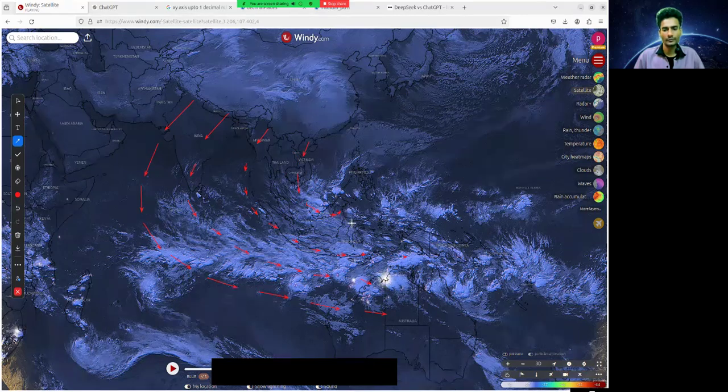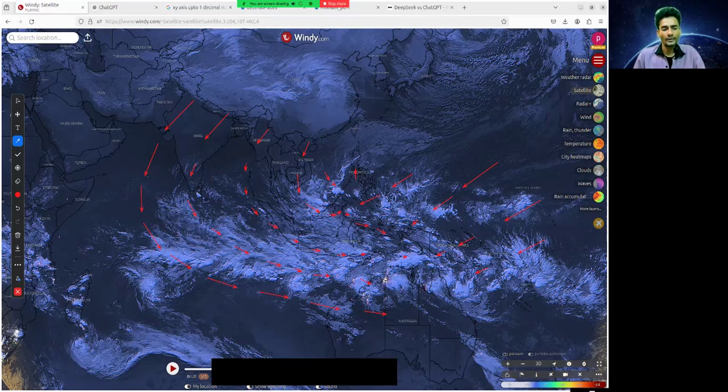These winds move from here and collide with these winds, and this confluence zone manifests as the monsoon. This can also be attributed to the ITCZ.